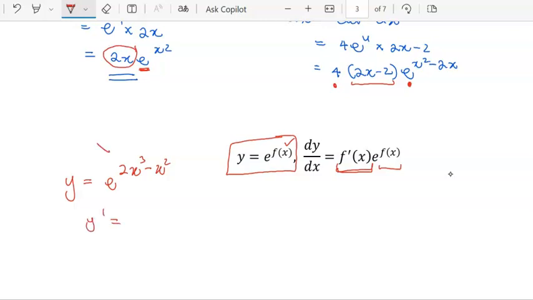Get the derivative of the function on the top, which is going to be 6x squared minus 2x, multiplied by the function itself, e to the power of 2x cubed minus x squared. That's the easiest derivative ever. So you can always use that as your shortcut for exponential differentiation.